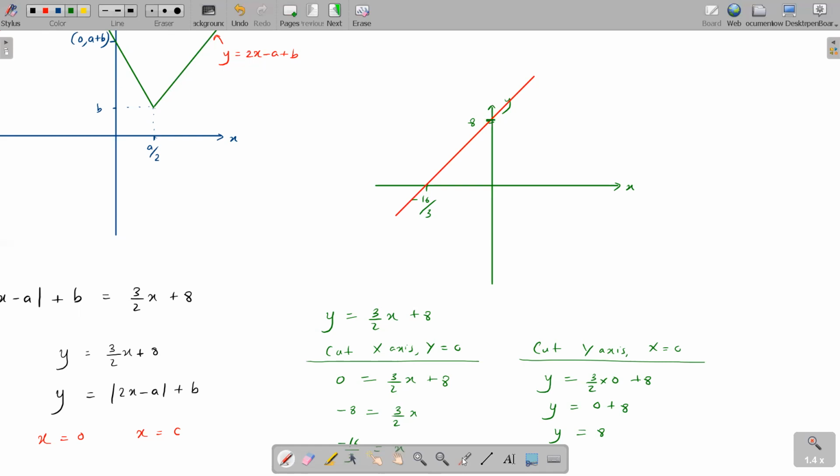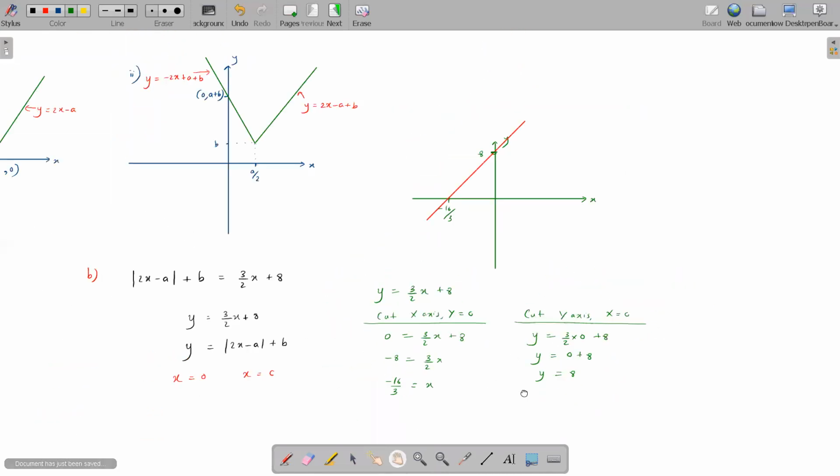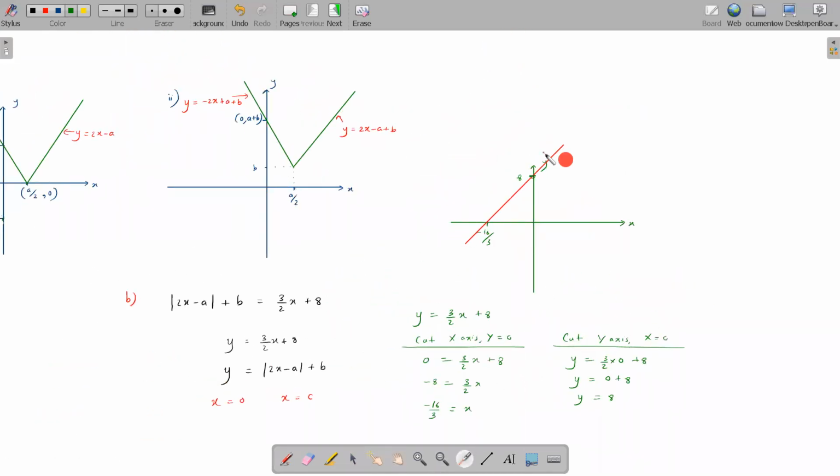But now they say when you draw this graph, I hope you can understand what I'm trying to do here. On top of this graph, there are two cutting points, it seems. One at x equals 0, so x equals 0 means it's actually coming over here. The other one at x equals c.